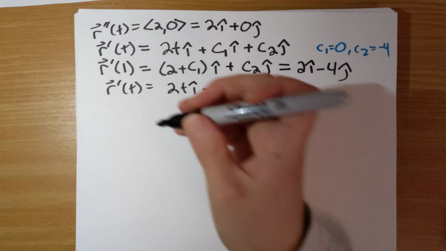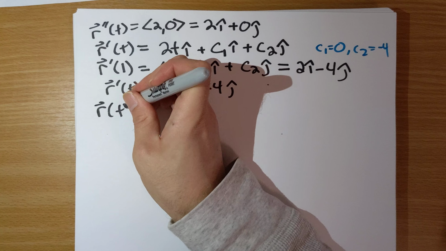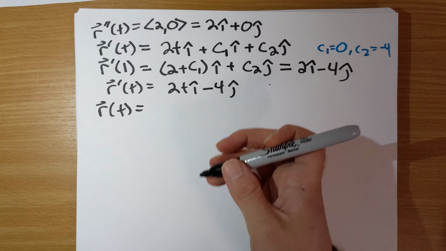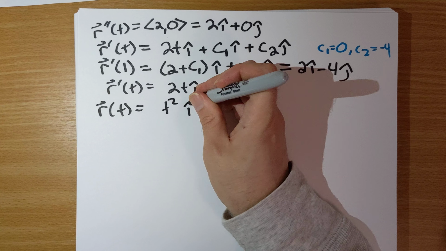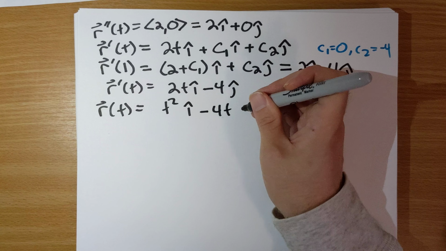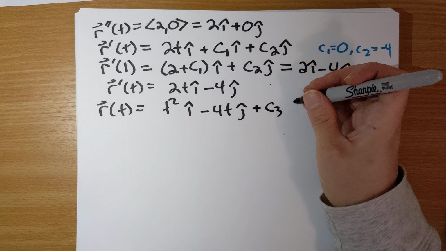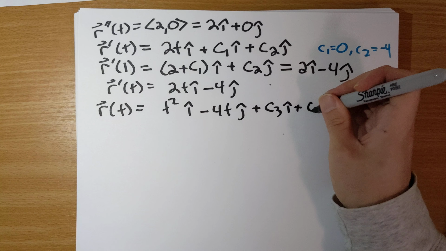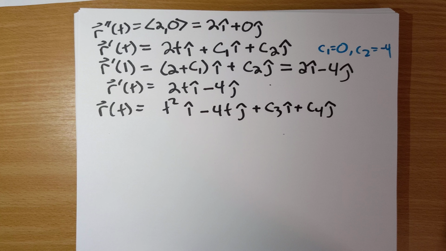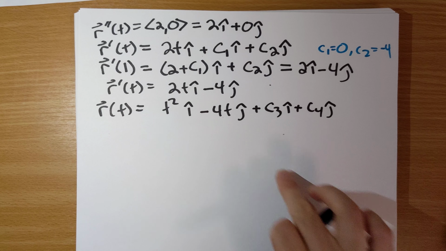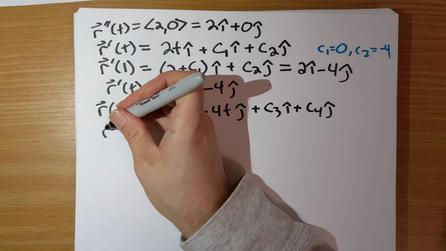Okay, let's integrate this a second time. r of t is going to be t squared i hat minus 4t j hat plus C3 i hat plus C4 j hat, the constants here.